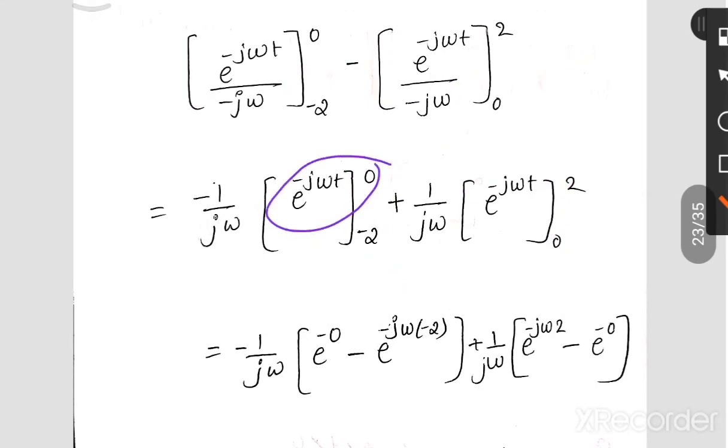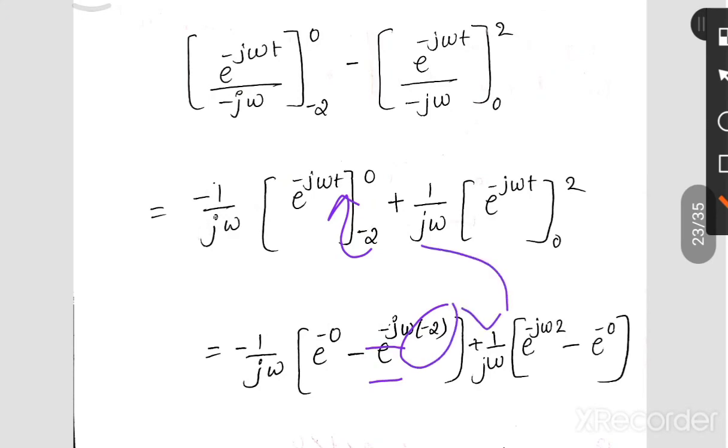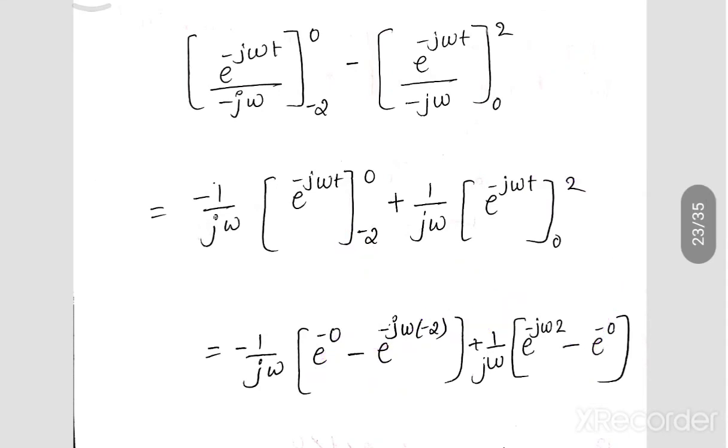So substitute the upper limit, e raised to 0, and the lower limit: wherever you have a t, in that place you have to substitute minus 2. Then e raised to minus j omega into minus 2. Similarly, in this case also, plus 1 divided by j omega, e raised to j omega, t value is 2, upper limit, minus lower limit is 0. Its value is 1, its value is also 1.